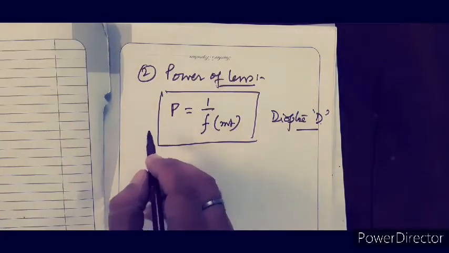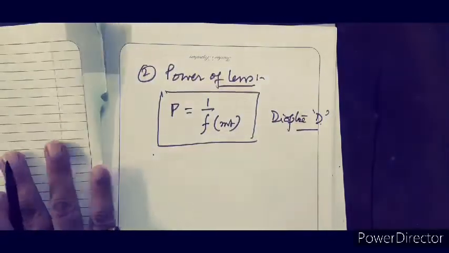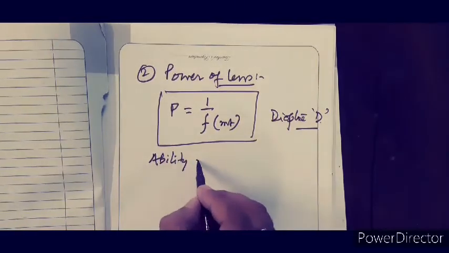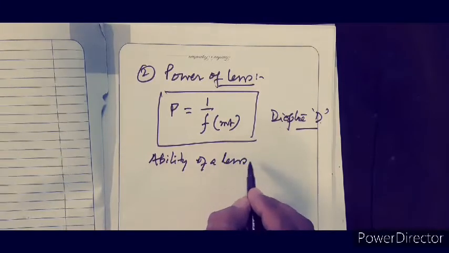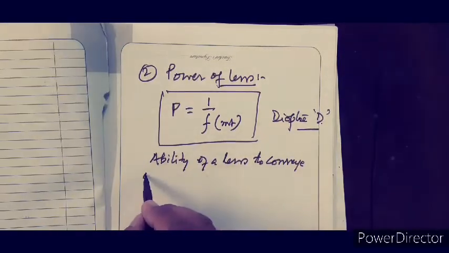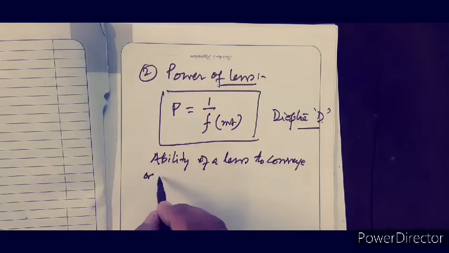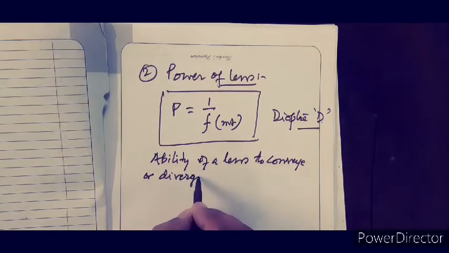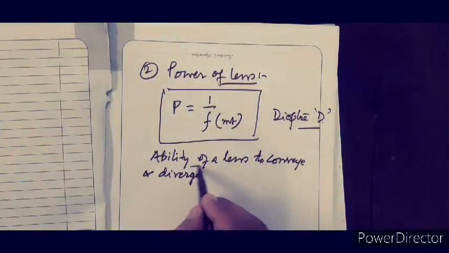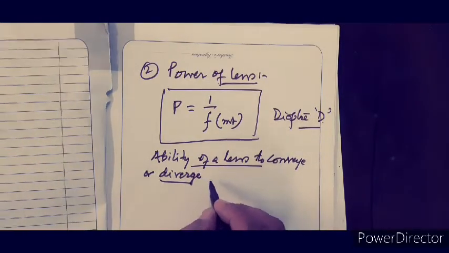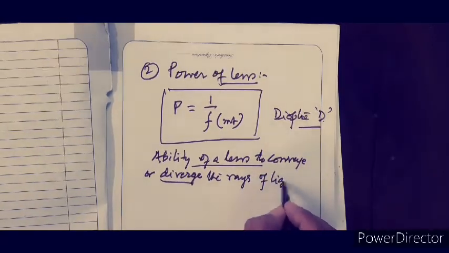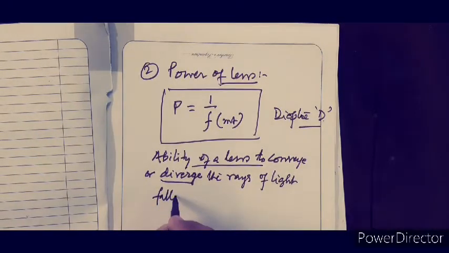In fact, the power of lens is basically the ability of a lens to converge or diverge the rays of light falling on it.